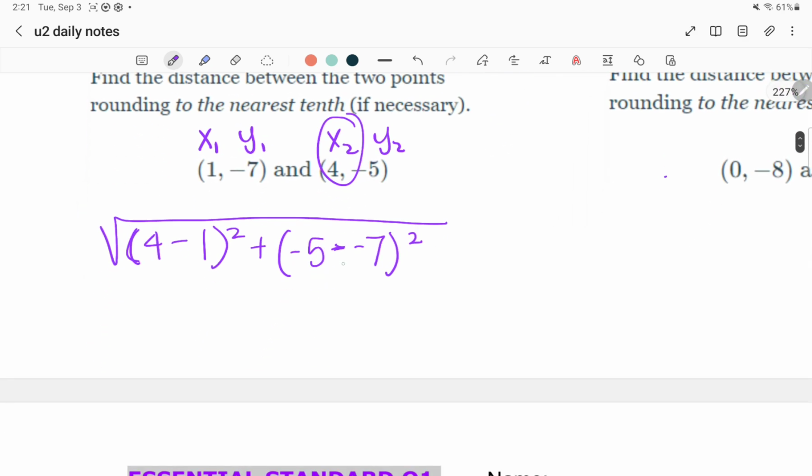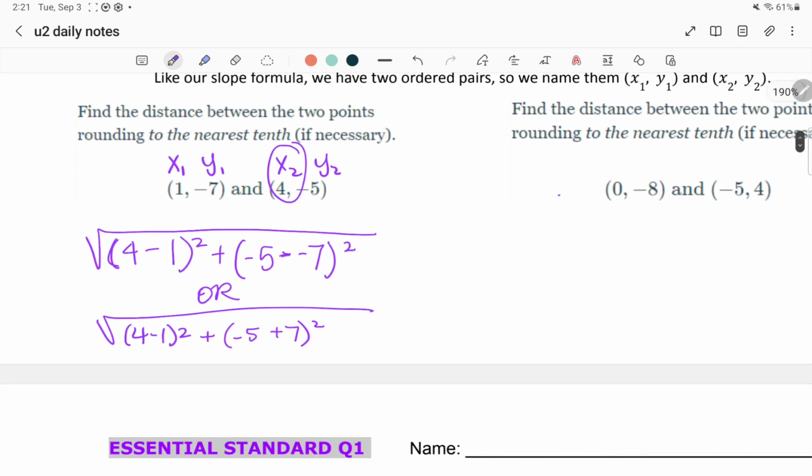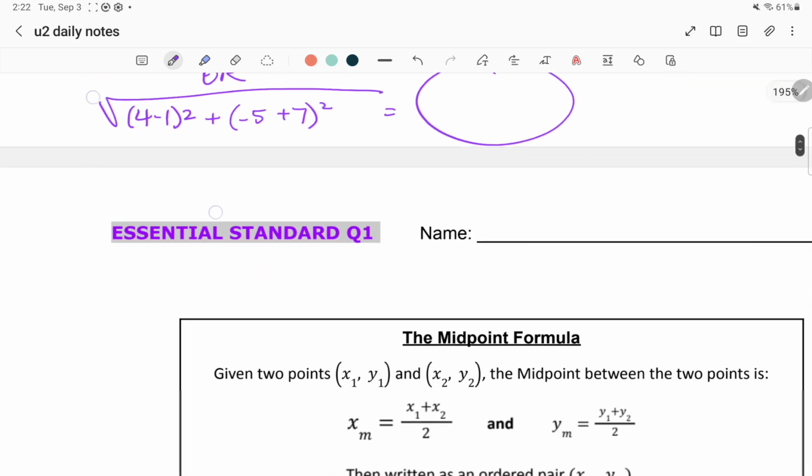But just remember that this could also be all the same stuff, but two negatives make a positive. So both of these are correct. In one, we just simplified two negatives, okay? But they are the same thing. Okay, plug those in to your calculator and see what you get. I need an answer right there.